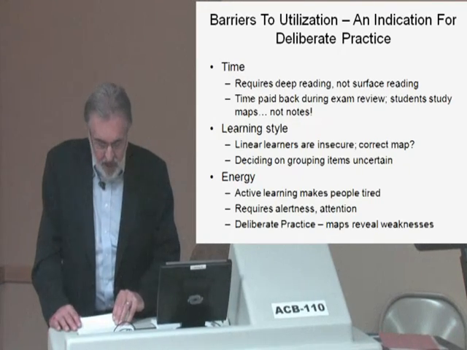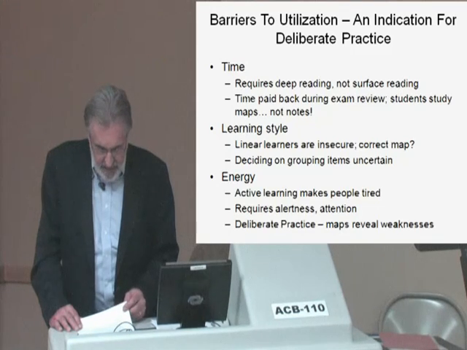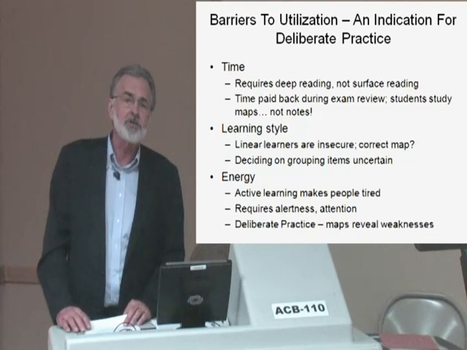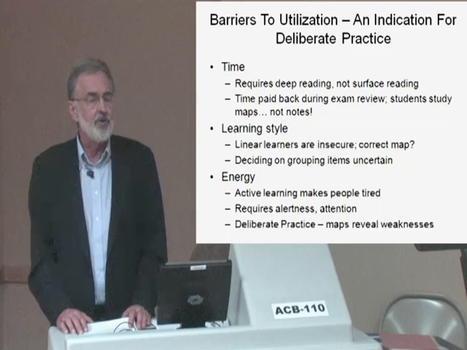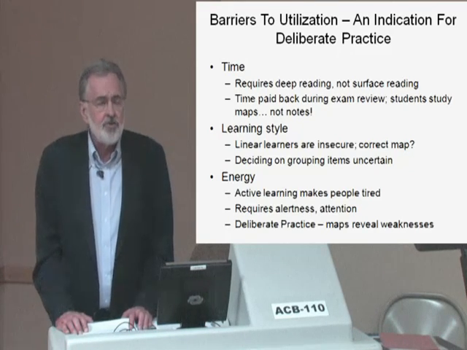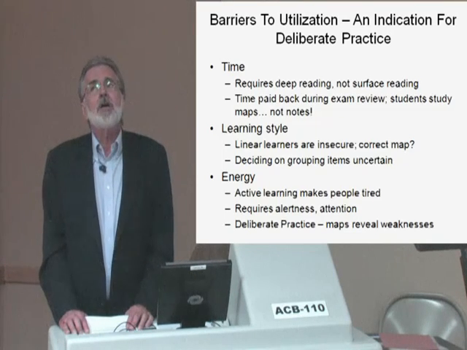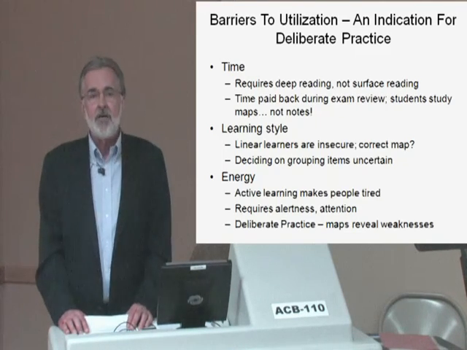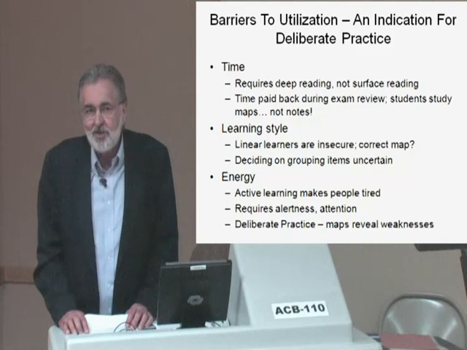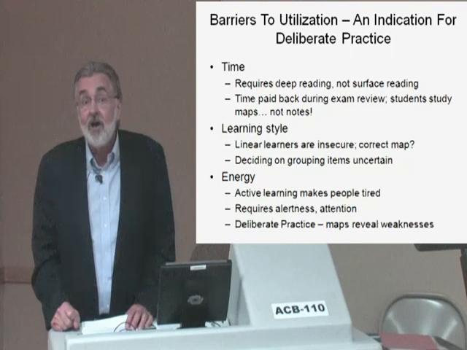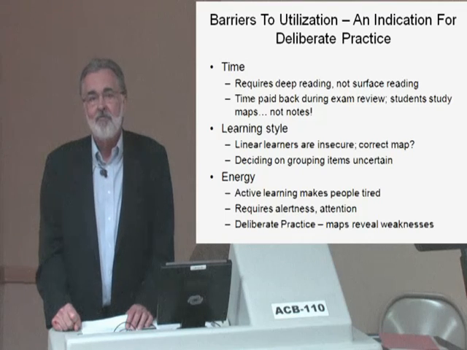Now, I've gone through the idea of learning style, and I'll just make the point again briefly that intuitives tend to think they don't need to do maps because they already see them in the way they study. But what they find is, number one, I've told you, time on task goes up.